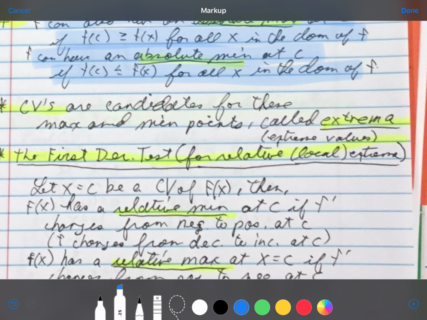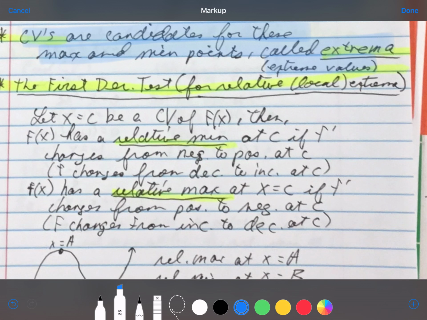Right? We call these extreme values, or extrema for short. So these CVs that we're finding, these critical values, those are potential locations. Those are possible locations for these extreme values, for these extrema, right? These relative maximum and minimum values of our function.